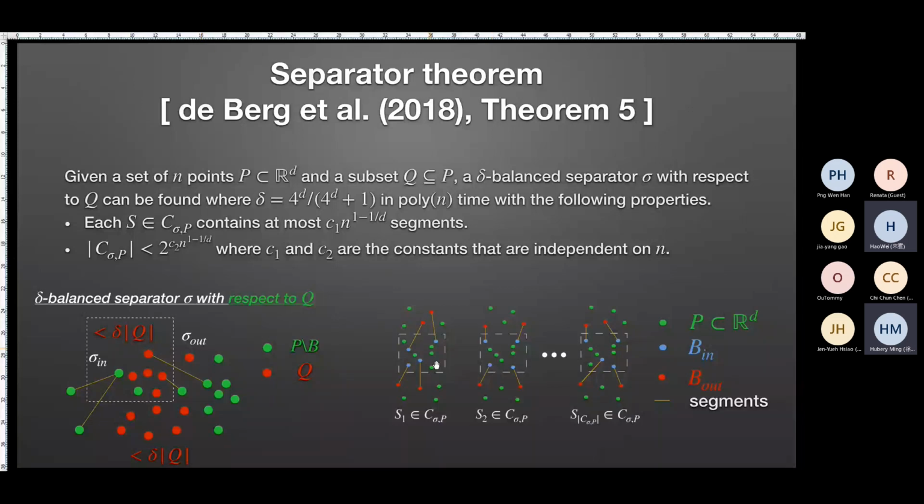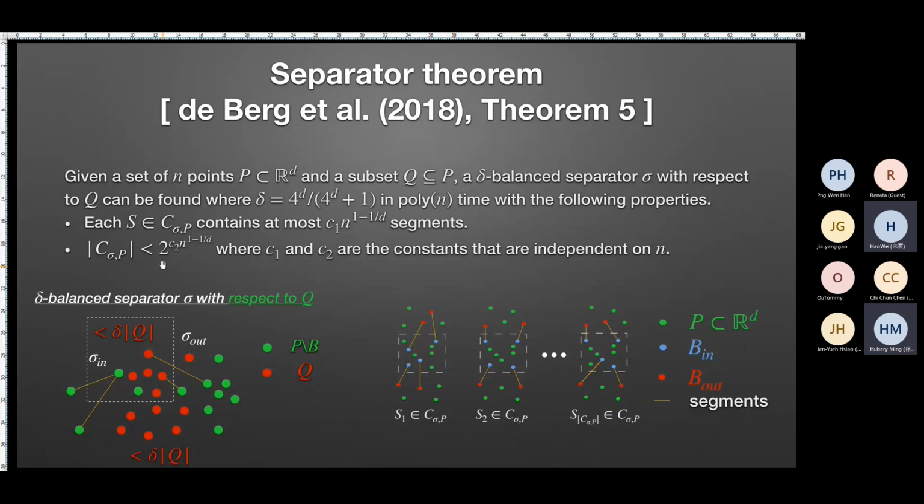There are a lot of connecting configurations that could connect the points inside and the points outside of the separator, and we could label them by s_i, i equal to 1 to the size of C. In the end we have to consider all of these possible connecting configurations.